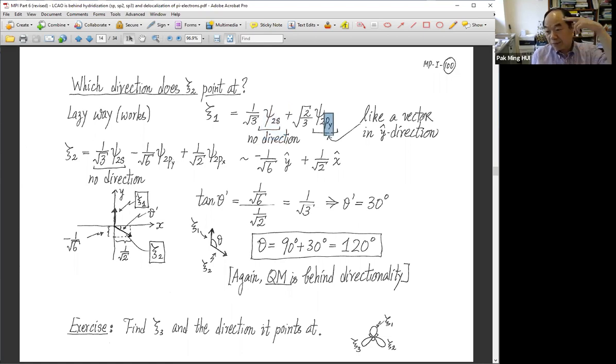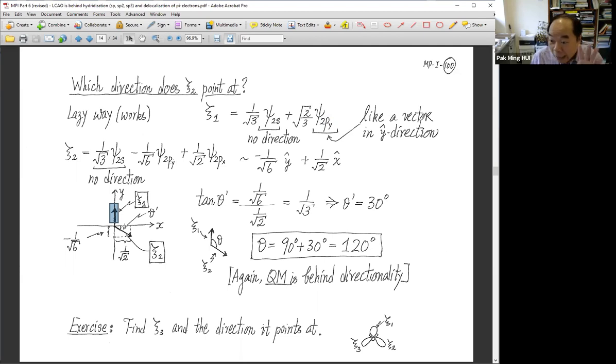So Px is pointing to x, Py is pointing to y, Pz is pointing to z, okay? So here I have a combination, no direction, and then in y, all right? So I can represent C1 as a vector along the y direction. So this is how I represent C1.